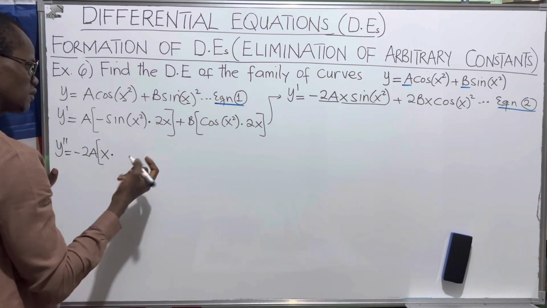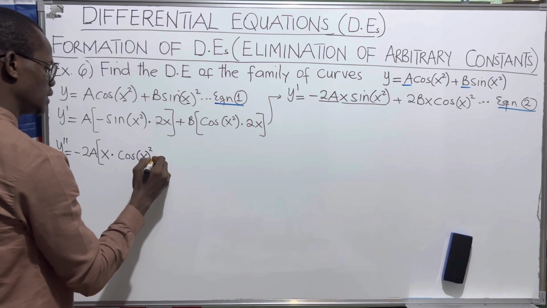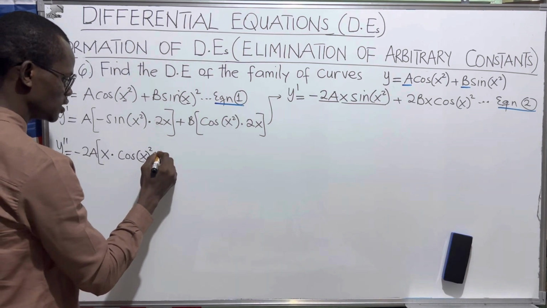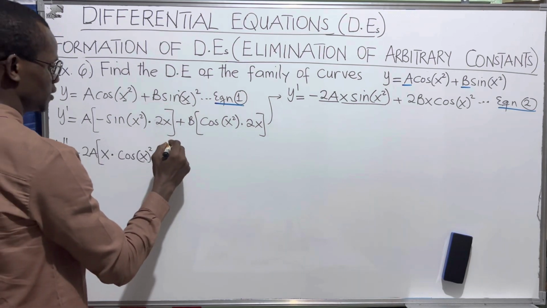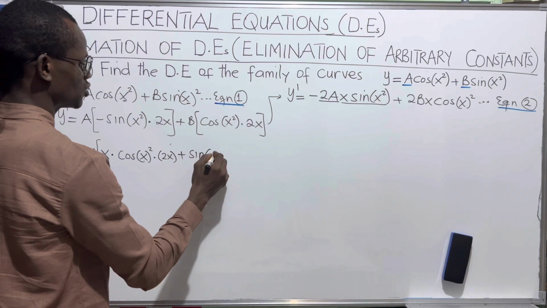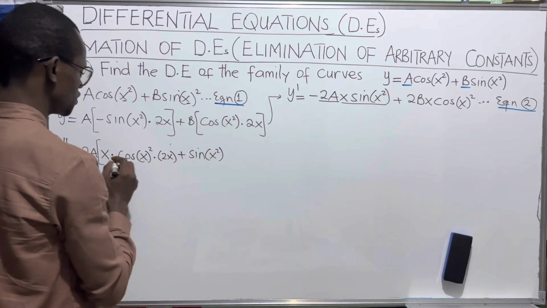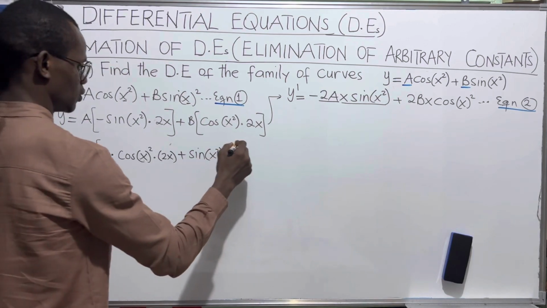The derivative of sine of x squared is cos of x squared times the derivative of the angle, which is just 2x. Then plus, we hold sine of x squared and differentiate x, which gives positive 1. Close parenthesis.